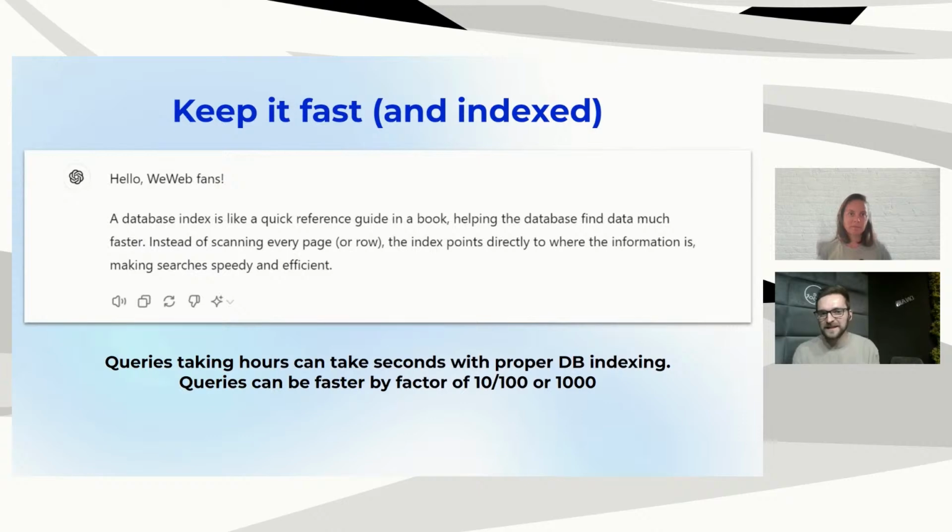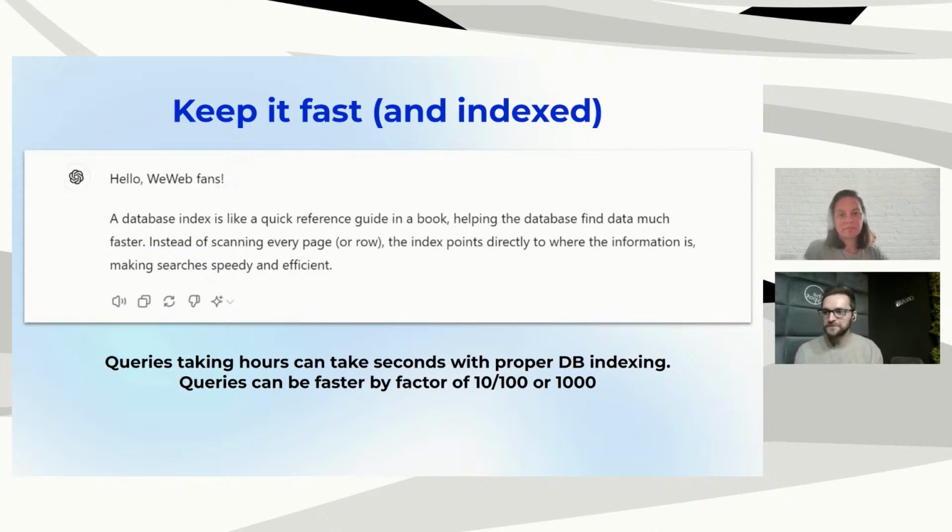If you have tens, hundreds, or even thousands of records, it might not be necessary, because most probably you will not have problems with query time. But once you start working with data in the range of hundreds of thousands or millions of records or even more, then you might have a problem with the query time.